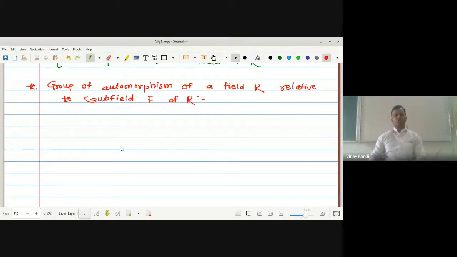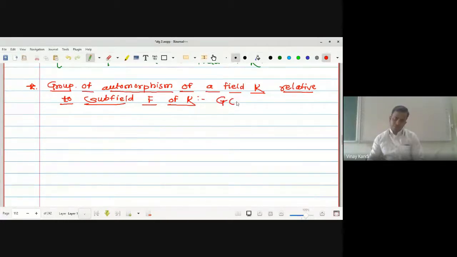Group of automorphisms of a field K relative to subfield F of K, and this set denoted by G of K comma F.